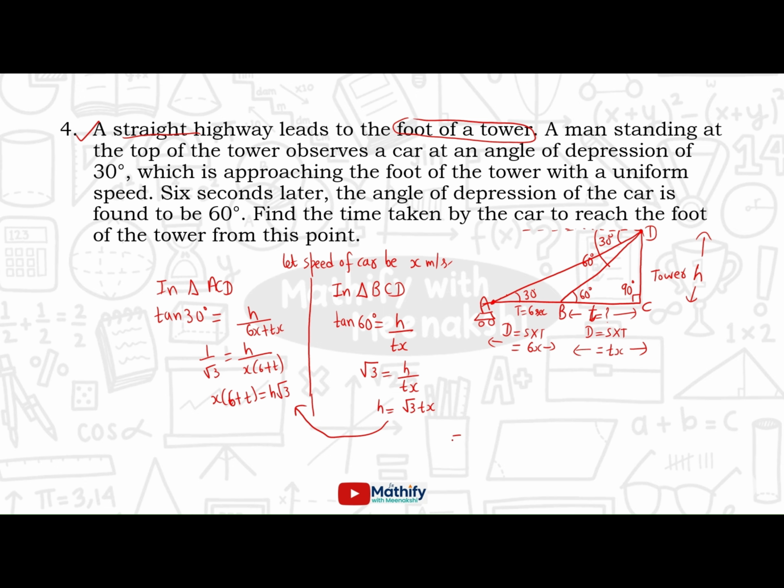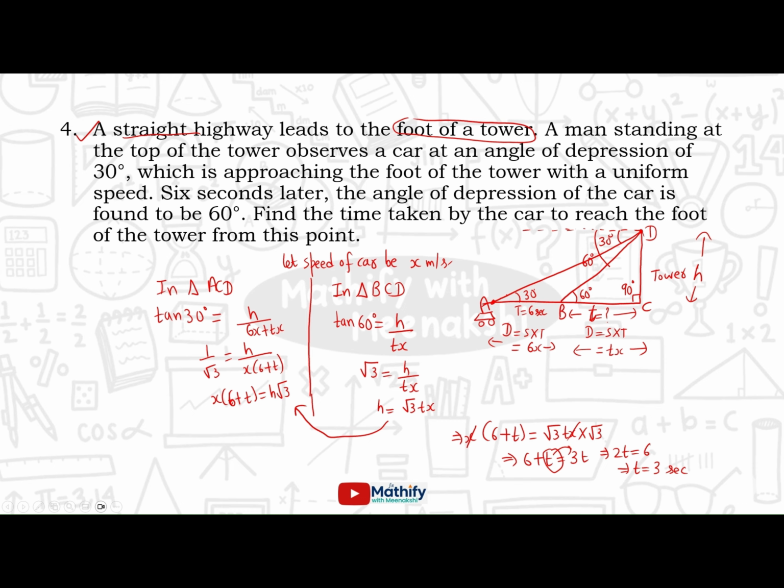So I can write x into 6 plus t is equal to root 3 tx into root 3. You can cut x from both sides, dividing by x on both sides. So you're left with 6 plus t is equal to 3t. Just transpose this t to that side. 2t is equal to 6. That means t is 6 by 2, or you can say 3 seconds. So the car needs 3 seconds to reach the tower from point B.